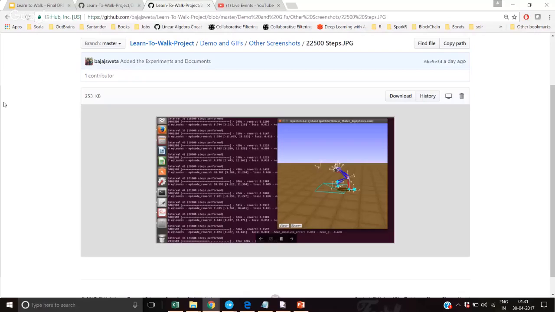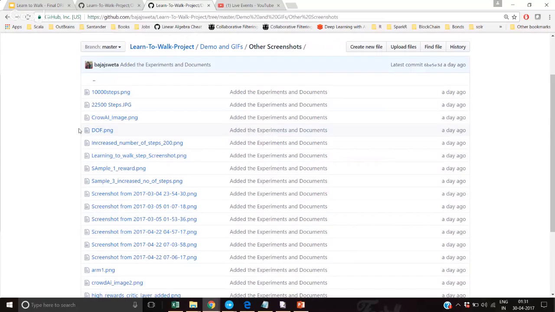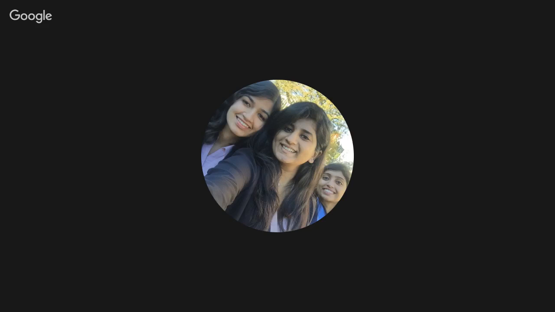Something that you could also see is what the training was when the sample layers were changed, and what other screenshots were taken while training. So these are some of them where you get an increased reward with the number of steps taken.